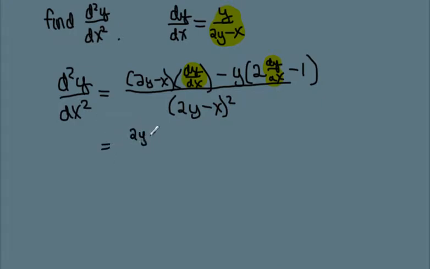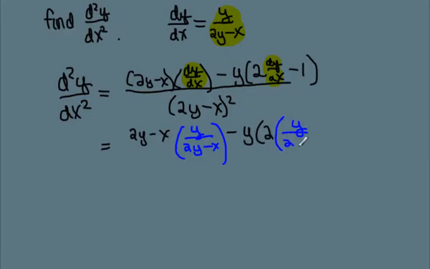So I'm left with 2y minus x, and then I'm going to be substituting in y over 2y minus x, so minus y times 2, and then I'm going to be substituting this messy thing in of y over 2y minus x.